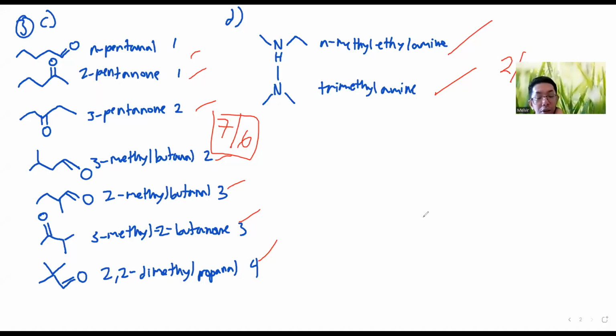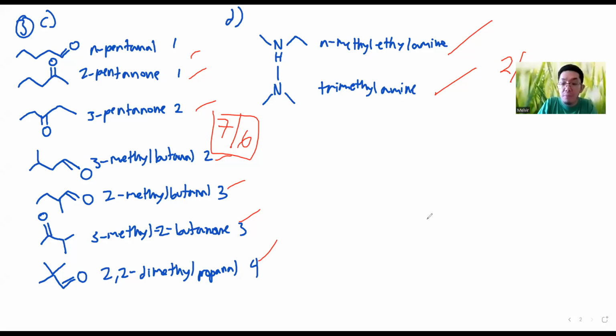So sa number 2, Josh, i-drawing mo na lang yung mga ano nila kung saan ka comfortable. Either yung formula or yung structure nila, no? So, I think yung letter C yung applicable sa structure. The rest naman, you can write them.